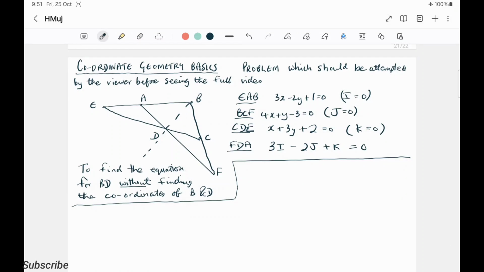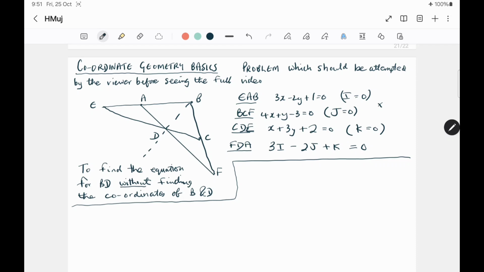Right, here I've got a problem which should be attempted by the viewer before seeing the full video. It only involves straight lines, and in the diagram you've got 4 straight lines, EAB, BCF, FDA and CDE, whose equations are given here on the right hand side of the page.